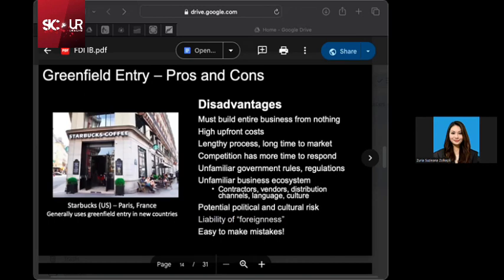So in summary, greenfield entry, they create a subsidiary from ground up, no partner, there is no acquisition. So without local partner. Okay, and then the best thing is you have full control, maximum control of all the business plan, strategy, operation, everything.